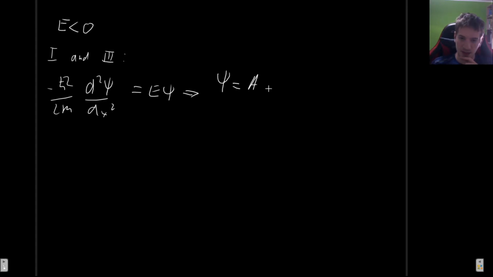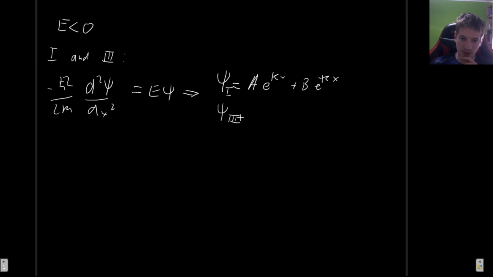So the Schrödinger equation will be minus h bar squared divided by 2m, double derivative of psi with respect to x squared, equals E psi. Now, we have solved this already many times. So the solution here is just going to be psi equals some constant A e to the kx plus some other constant B e to the minus kx, and we have this for regions 1 and 3.